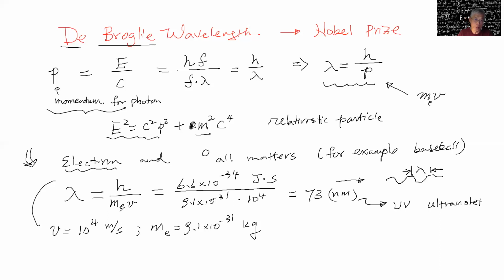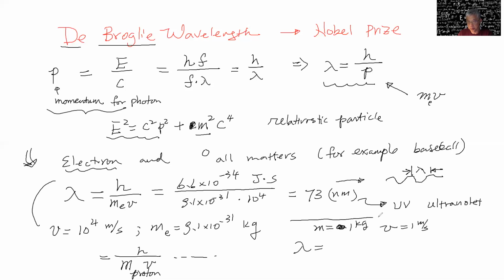You can do similar things for the mass of a proton and its velocity, and calculate that too. And you can also do that for an object with a mass of, say, 1 kilogram and a velocity of 1 meter per second.